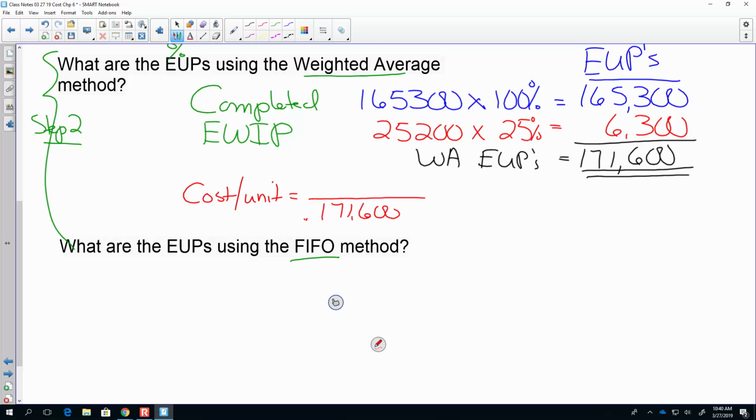So that's the goal of computing this equivalent unit, is to get that bottom number for our cost per unit. And now we don't call it cost per unit, we call it cost per equivalent unit. So on the test, I can easily ask, what are the equivalent units using the weighted average method? I can also ask, what is the cost per equivalent unit using the weighted average method, right?